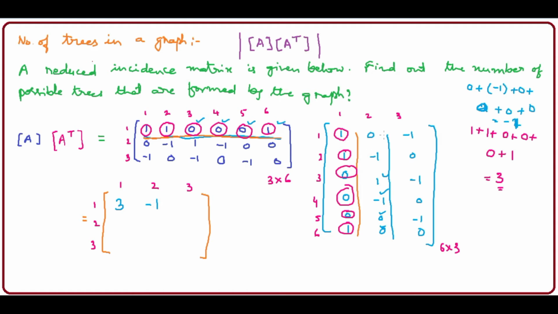Now let's solve one more thing: the 1 3 element. That is 1 into minus 1 is minus 1, and 1 into 0 is 0. 0 into minus 1 is 0, 0 into 0 is 0, plus 0 into minus 1 is 0, plus 1 into 0 is 0. So that will be equal to minus 1.